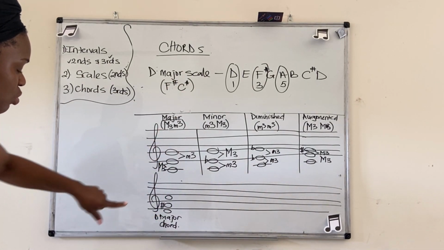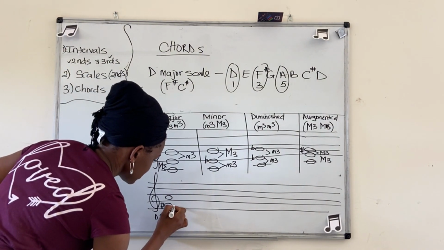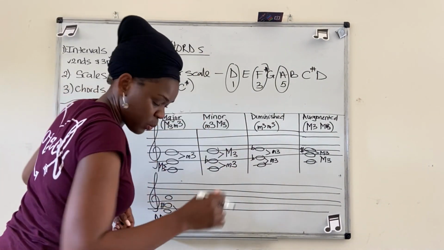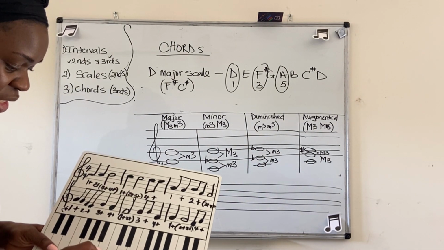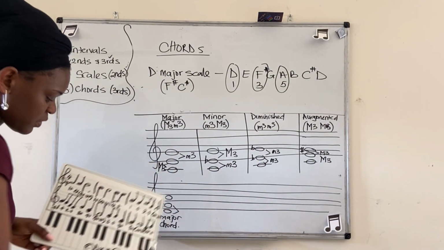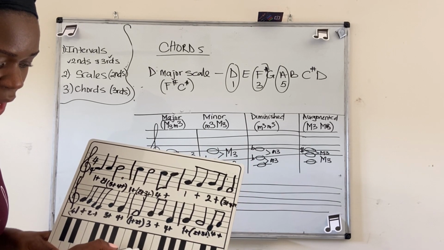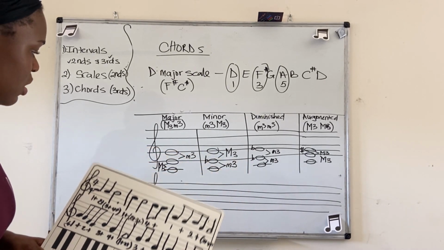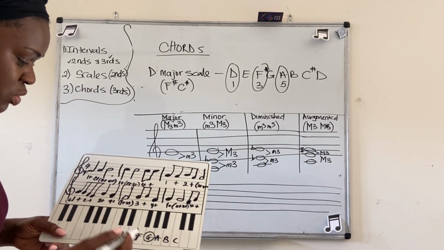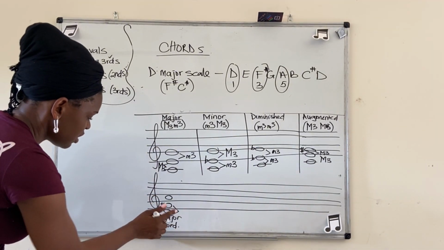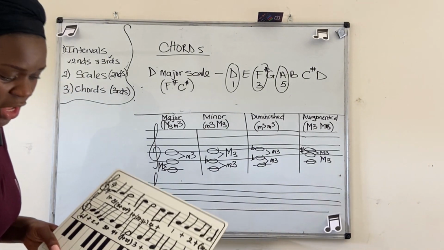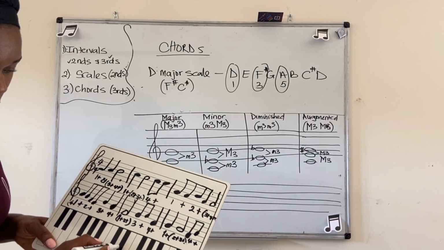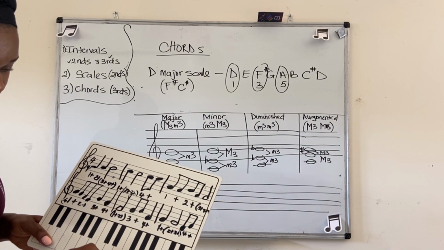If you look at the formula still, we're just trying to practice. So D to F sharp is going to be 1, 2, 3, 4.